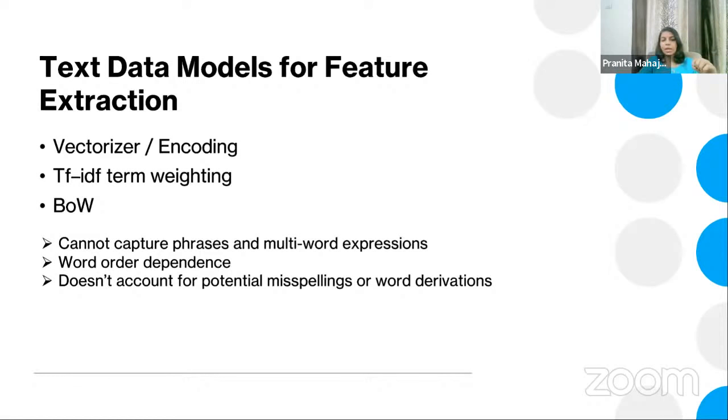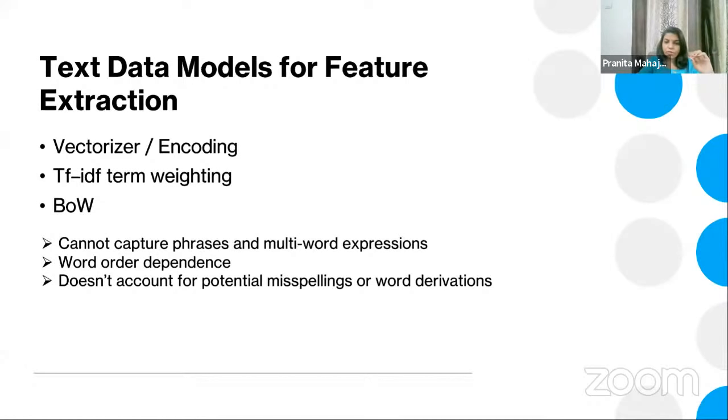For example, the example I gave you: I went to the bank to deposit money, and I'm taking a walk on a river bank. These models are going to represent the bank keyword with a similar numeric value. But when I'm trying to understand the meaning of the bank keyword, it has a different meaning in the first sentence and a different meaning in the second sentence.